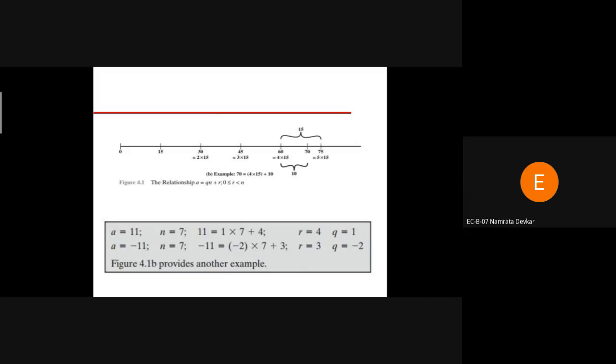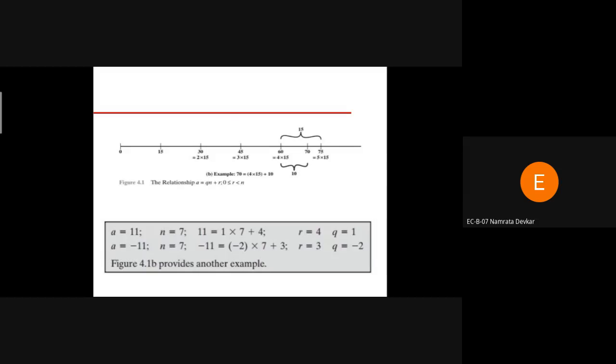Okay, so we'll take one more example. Here in a box we take the value of a is 11 and the value of n is 7. Now can anyone tell what should be the quotient and what should be the remainder? Again, the division algorithm is a equals qn plus r.